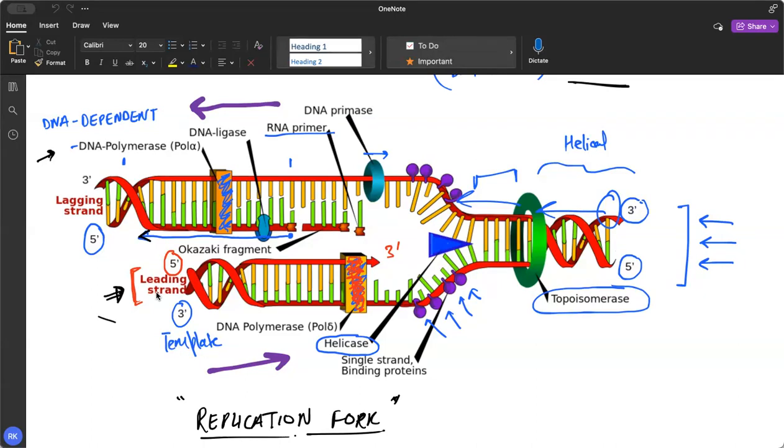And the lagging strand is synthesized discontinuously. And why is that? Once you're right, one strand is continuous and the other is discontinuous. Which one is continuous and which one is discontinuous?